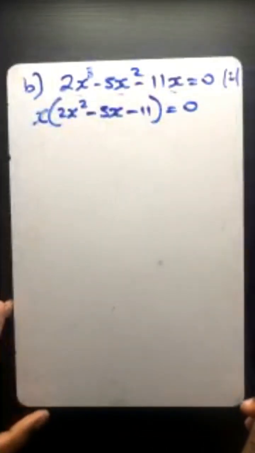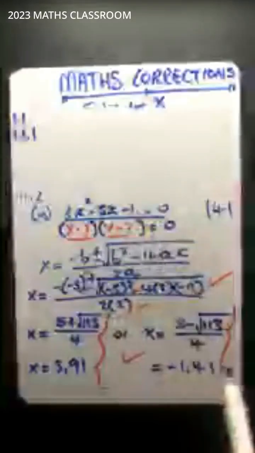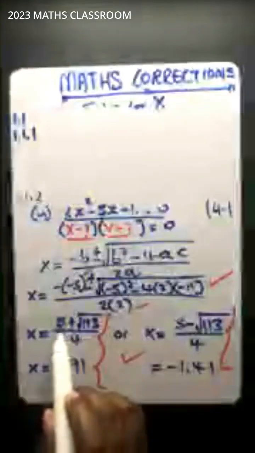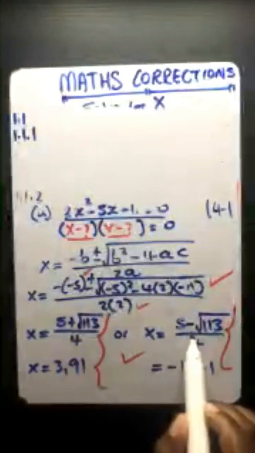So if you check what is inside, it's exactly the same as what we have worked out there. What we know is that this thing inside is not factorizable, but we end up having x equals the same thing with a plus on this side and a minus on the other side.